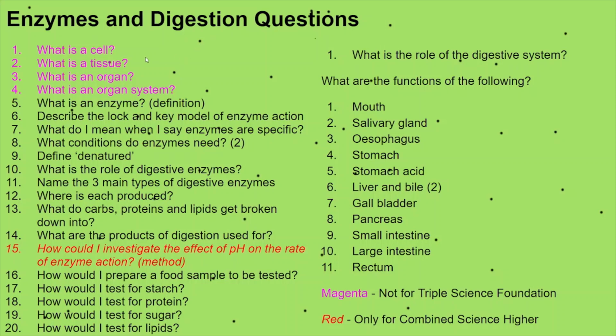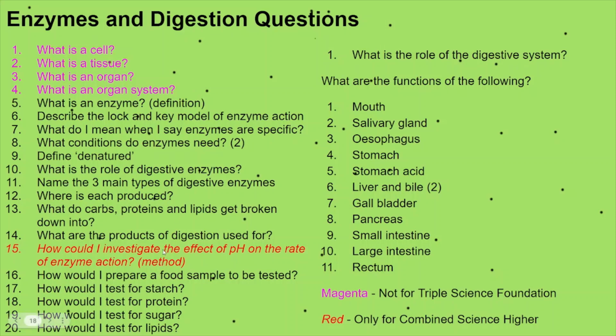There's some bits from different topics that are in some exams and aren't in others, so I have colours here telling you which questions are for you, which questions aren't. The black questions are for everyone. So on this slide we have the enzymes and digestion questions. These four magenta questions are not for Triple Science Foundation exam, but in all the others they could come up.